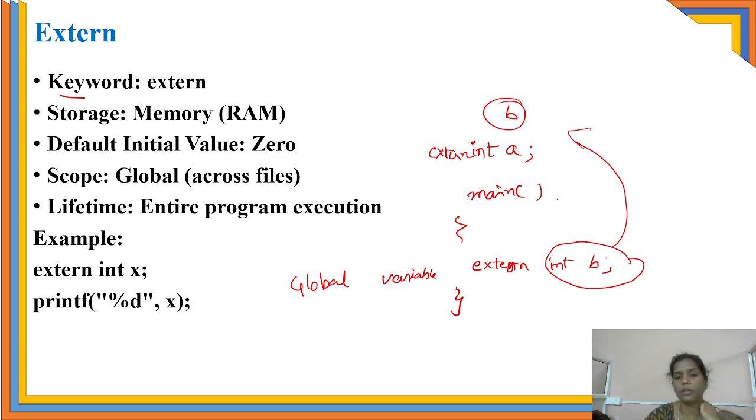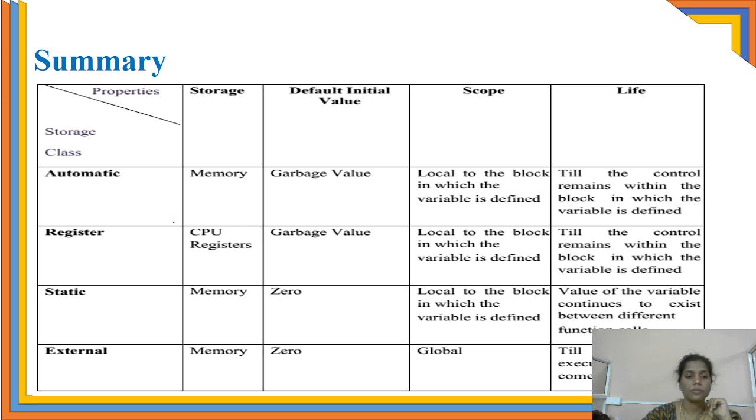Extern means global declaration. Keyword extern, storage memory, default initial value 0. See, remember that for static and extern the default initial values will be 0. Scope is global, lifetime is the entire program execution. This is the table, you can refer to it.